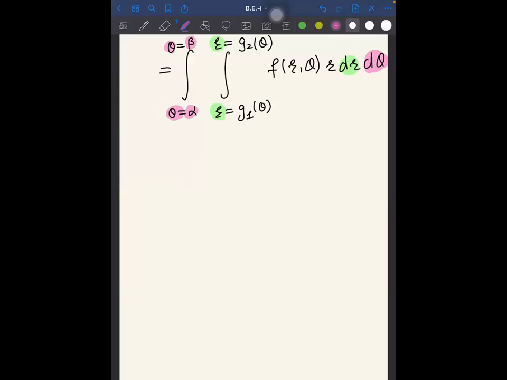So what is the main difference? Can anybody tell me what is the main difference between the polar version of the double integral and the simple double integral which we used to have?